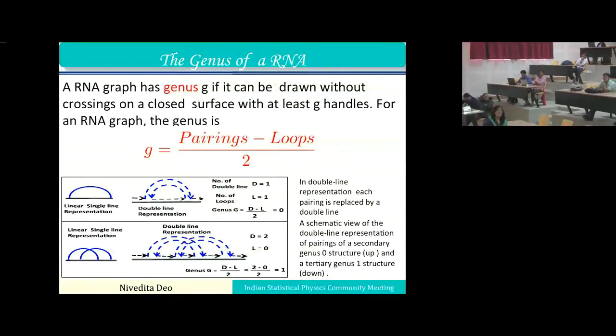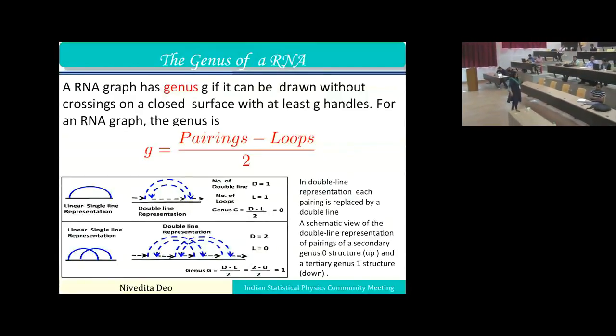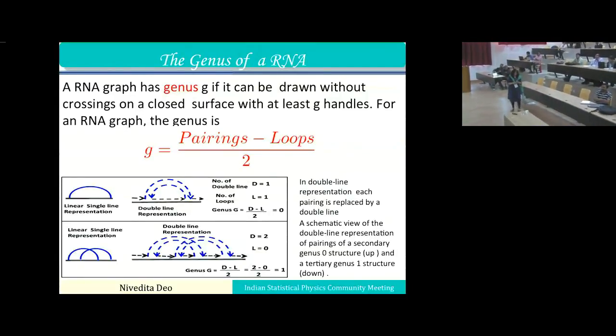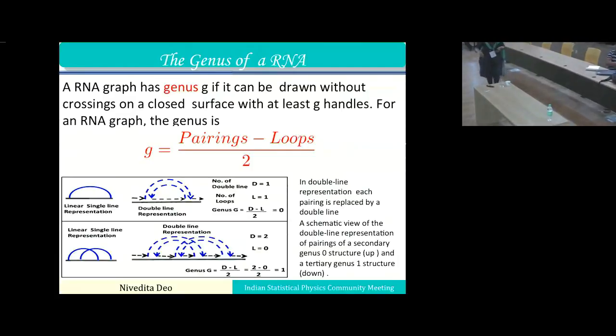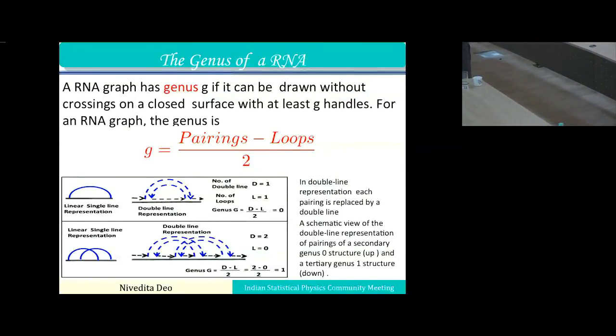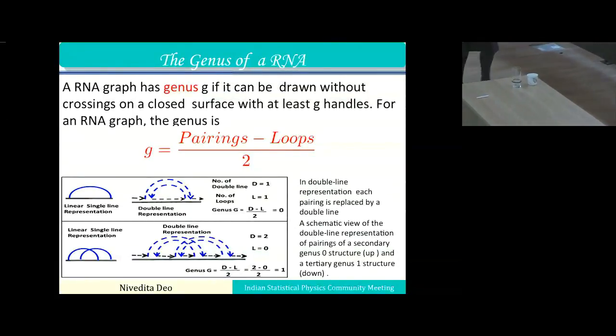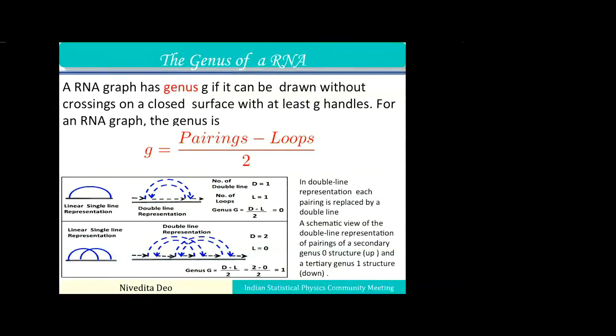So one can actually classify, using this definition, what the genus of all of the RNA graphs are. Obviously, doing this for real RNAs is a very difficult problem.